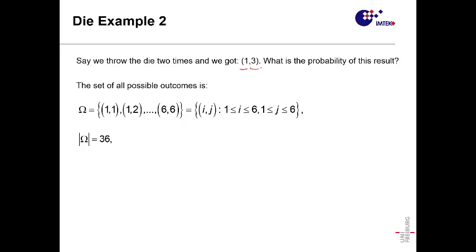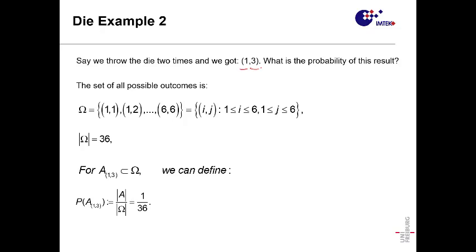The next throw is independent from the first throw, so that's important to know. There's nothing connecting the 2 throws of the die. Now we have to find the subset of omega where the first die is a 1 and the second die is a 3.